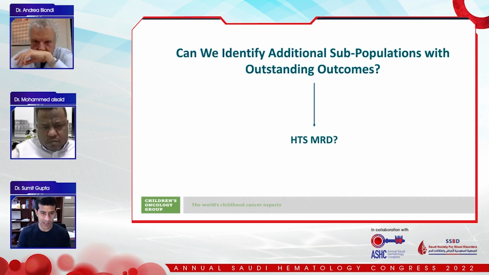One of the questions, and I won't spend time on this because Dr. Stania did an excellent job of addressing this already, is can we identify additional subpopulations that have those same or similar outstanding outcomes? And this is where we really get into the potential, and I'll emphasize potential, role of high throughput sequencing based MRD.